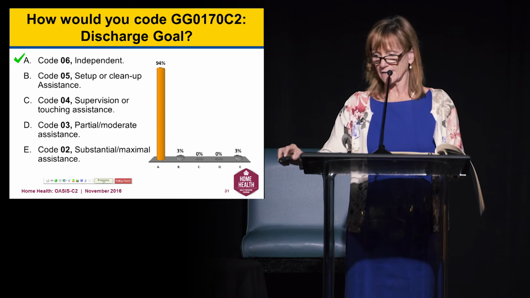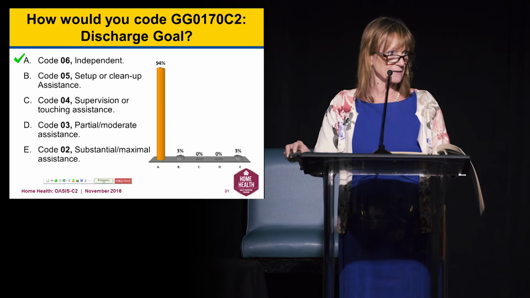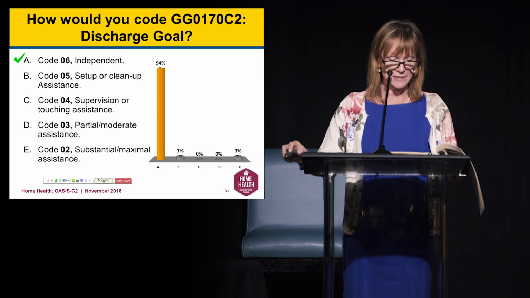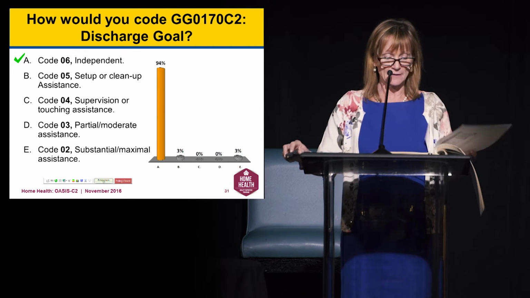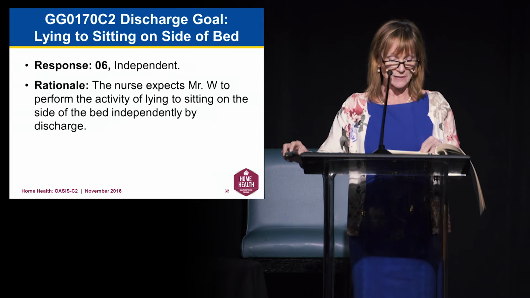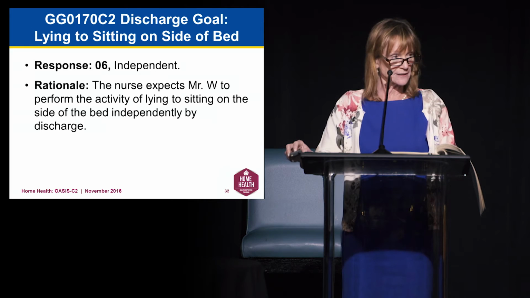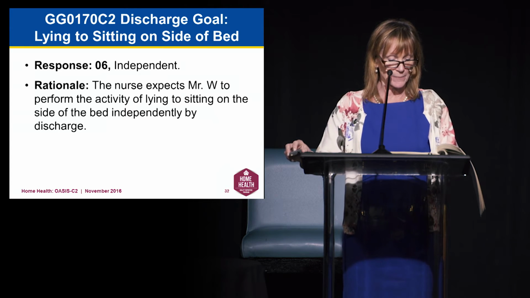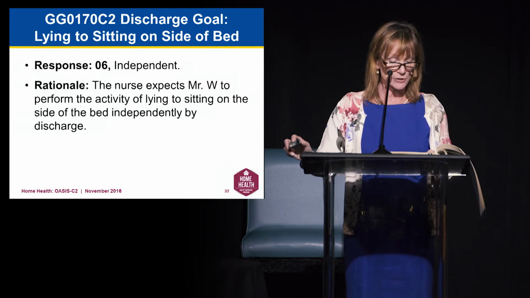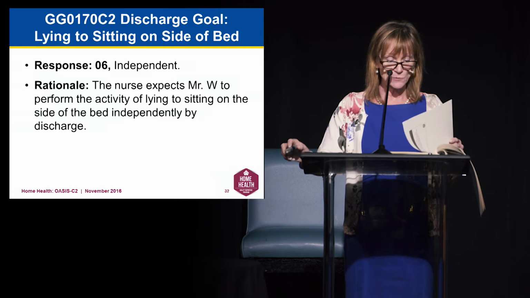It's great. We have 94% got the answer correct. The correct answer was A, code 6, independent. And that was, again, as described in the case study. The nurse expects Mr. W to perform the activity of lying to sitting on the side of the bed independently by discharge. That was in discussion with the patient and his wife.